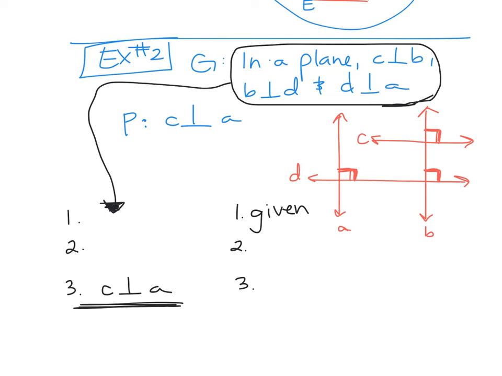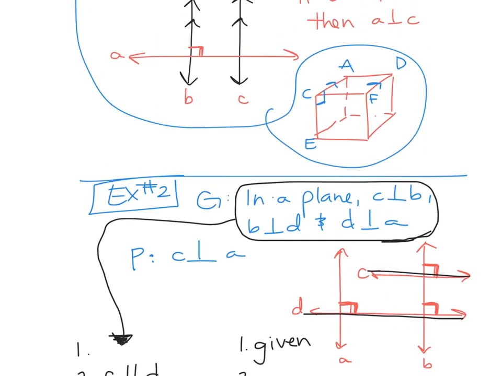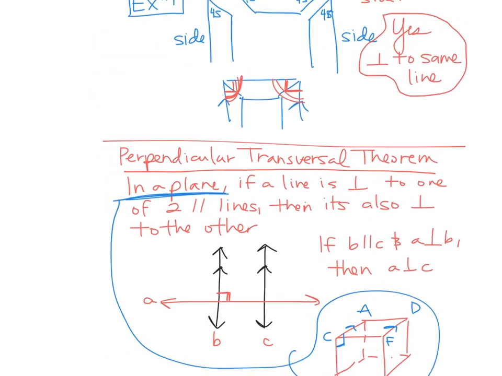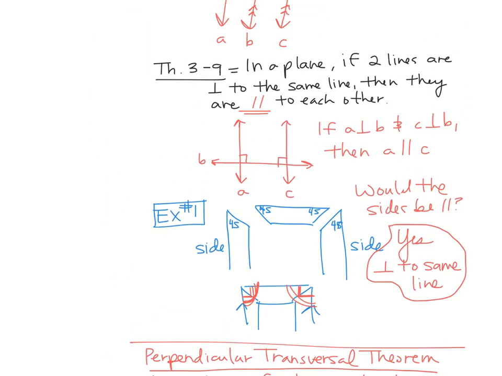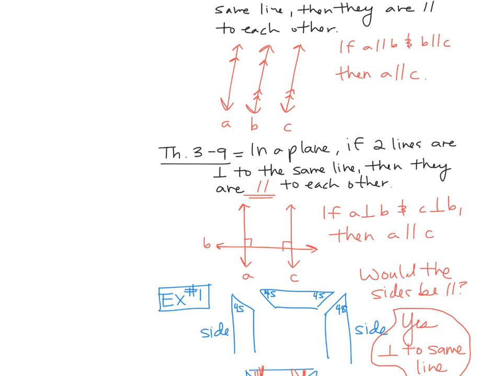What do we know about C and D? They're parallel. Okay, we can say that C is parallel to D. Why do we know that they're parallel? Because they're perpendicular to the same line, right? So 2 lines that are perpendicular to the same line are parallel to each other.